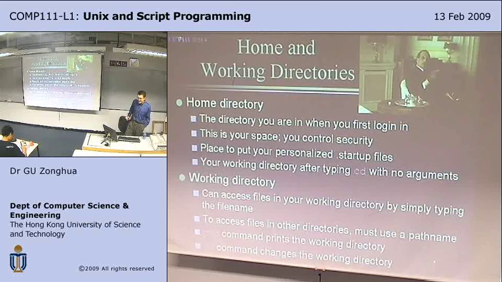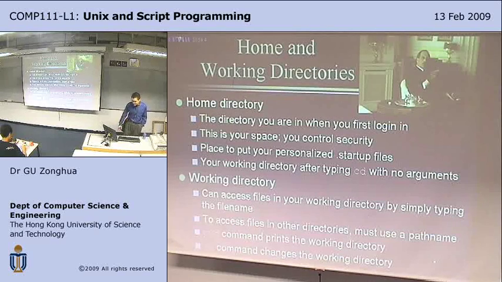So to access files in your working directory, you can simply type the file name. Otherwise, to access files in some other directory, you need to type in the full name, or you need to type in the relative path name with directories in front of the file name. But if you don't have any directory names in front of the file name, then you're accessing the files in your own working directory. That is the current directory.